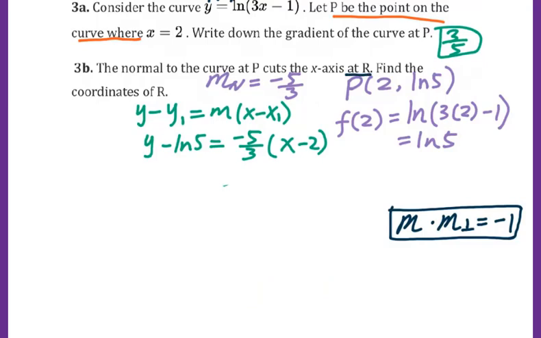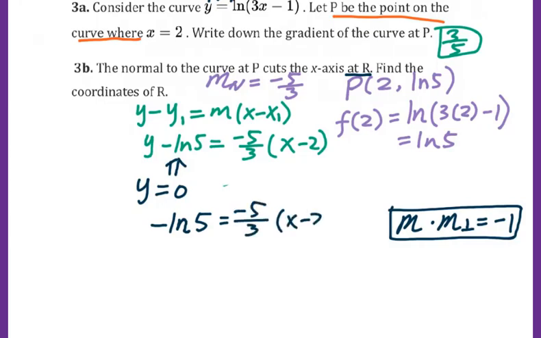We know this R is the x-intercept. Therefore, we will set y equals 0. We plug in here. You will get negative natural log of 5 equals -5 over 3 times x minus 2. You can use an equation solver to get the solution.